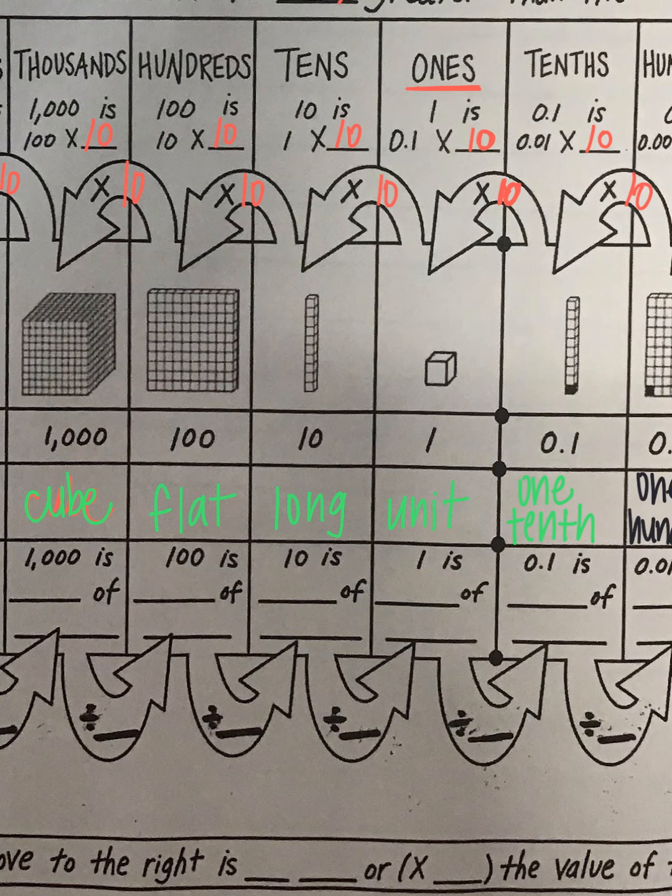Okay. Now if we started at our thousandths place again, 0.001 is 1/10 of 100th. 0.01 is 1/10 of 1/10. It's a little bitty space to write that.